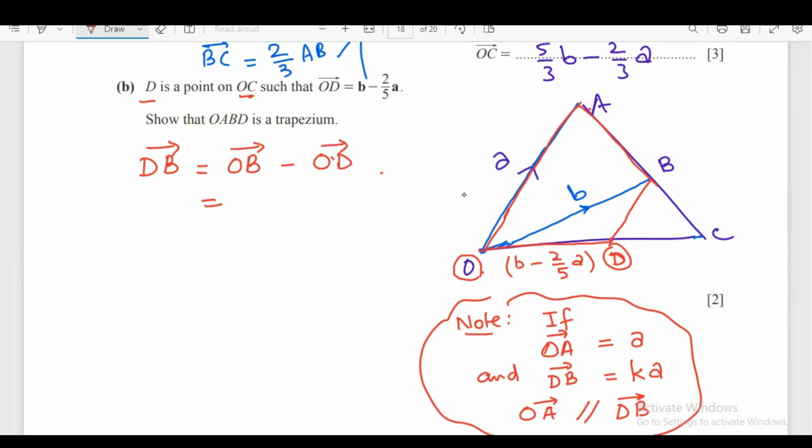By putting the values, vector OB is b minus, and vector OD is b minus 2/5 of a. So after simplification, b minus b plus 2/5 a. b and b cancel here, so we get 2/5 a.